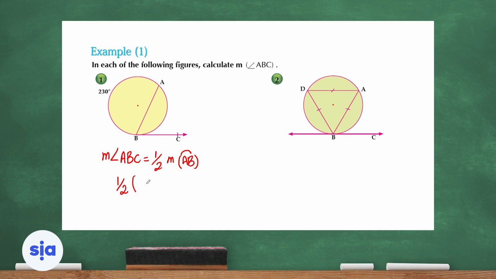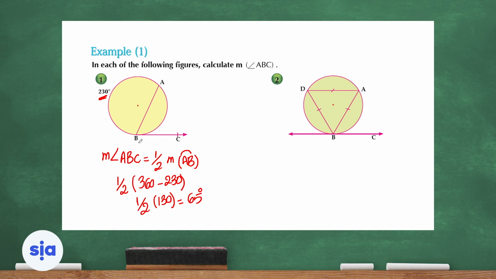Arc AB is 360 minus 230 degrees. So the measure of angle ABC is half of 130, which is 65 degrees.